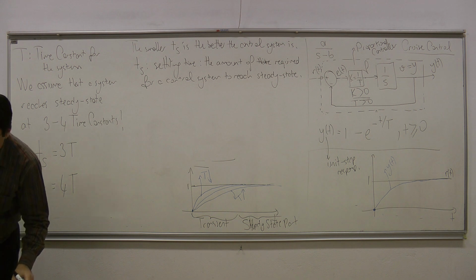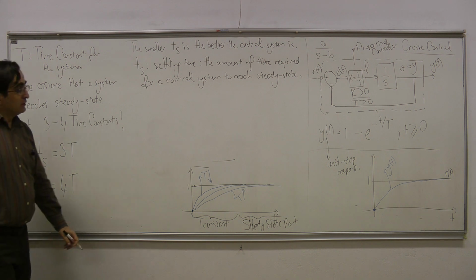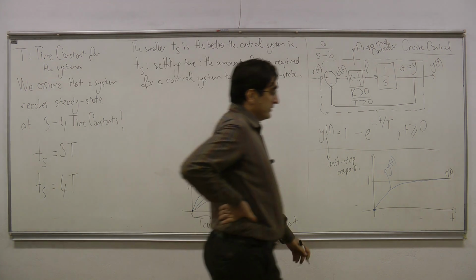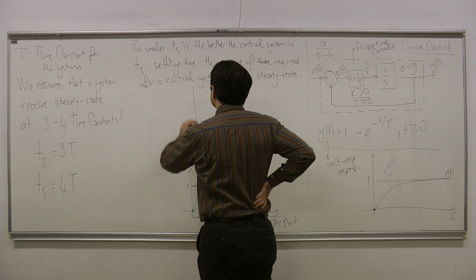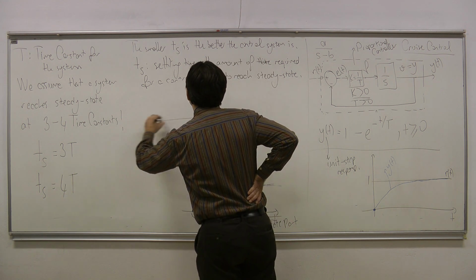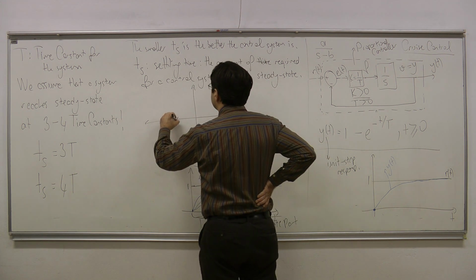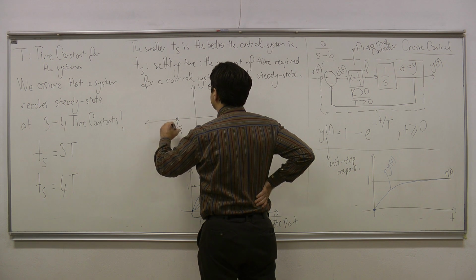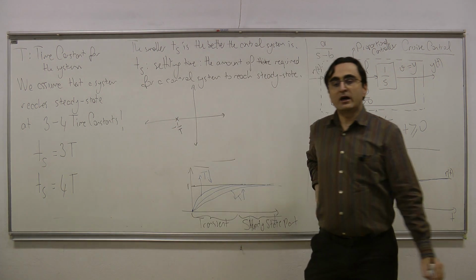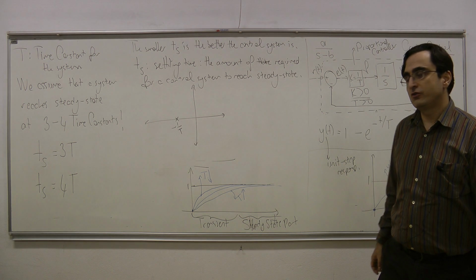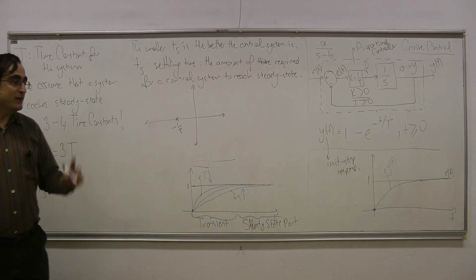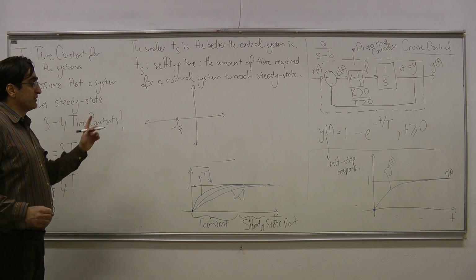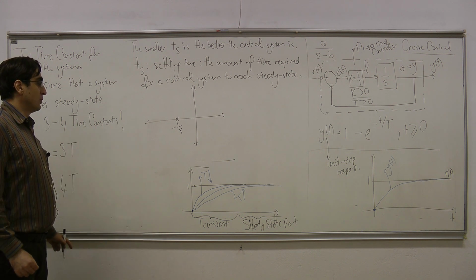Now the only thing that I'm going to investigate in this simple example is the pole locations. Remember, this system has a single pole at -1/T. That is our pole position. Now, what does it mean for this system to be slower?